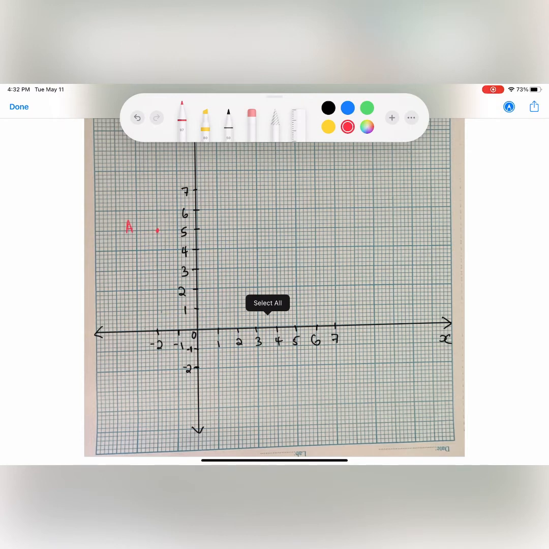So the first point A is at (-2, 5). Then we have point B, which is at (1, 3), so 1 on your x, 3 on your y, and then point C, it's 1 on your x and 5 on your y.